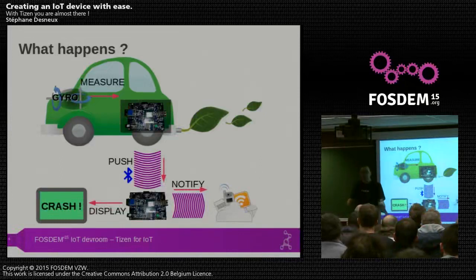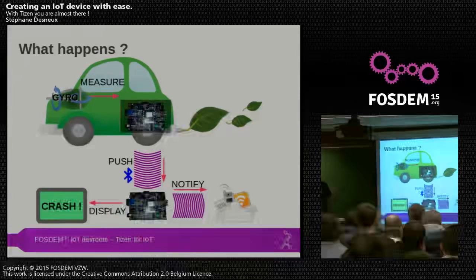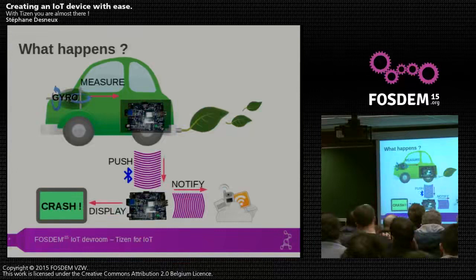So I removed the display servers. Also, we don't need any UI API or graphic API, so I removed them too, at least for the board that makes the acquisition. For the other one, I kept some graphic toolkit because I just wanted to display something on the frame buffer, but that's all.